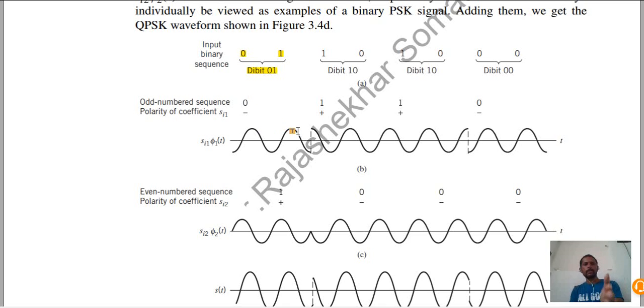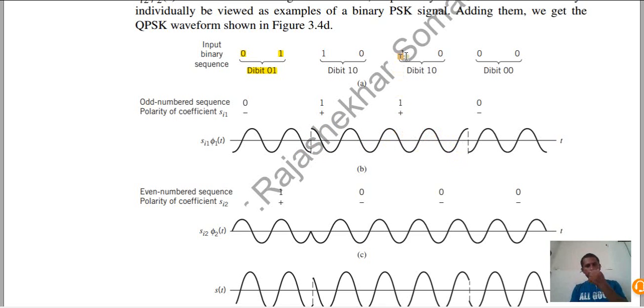From the first dibit the last bit is 1, and the next dibit also starts with 1. So these two have the same phase, but in this case the phase has to be changed. It was representing negative here, so it automatically changes to positive, since 1 means positive here, and then the remaining continues as it is.